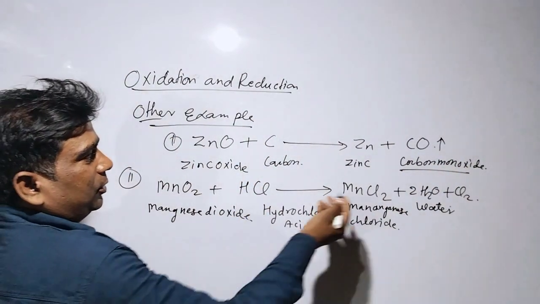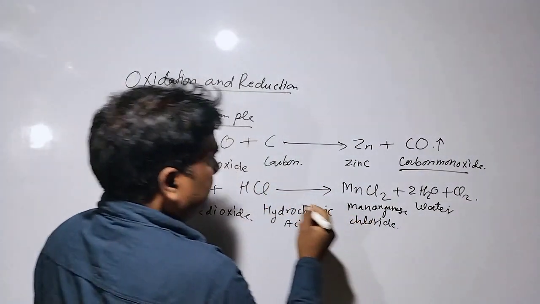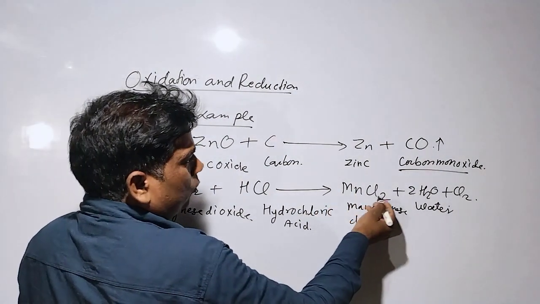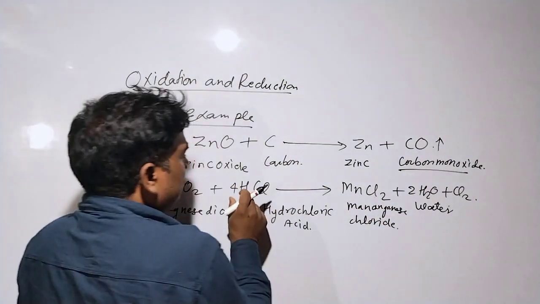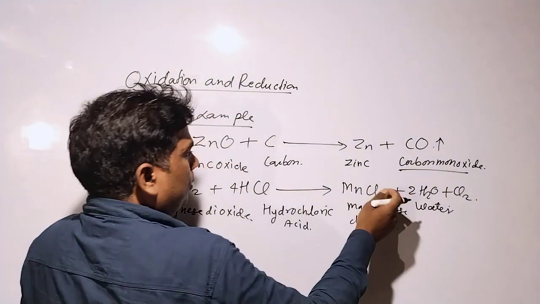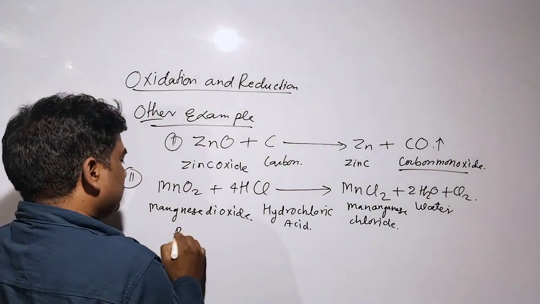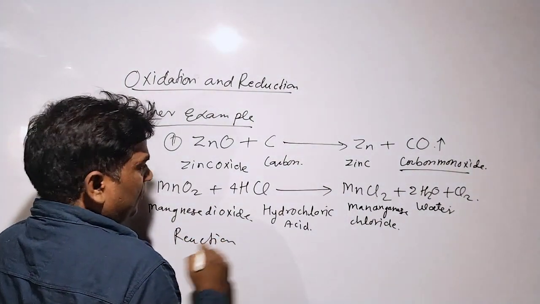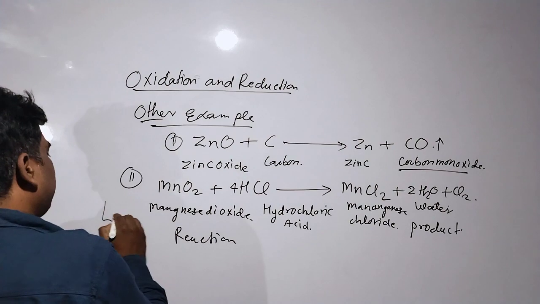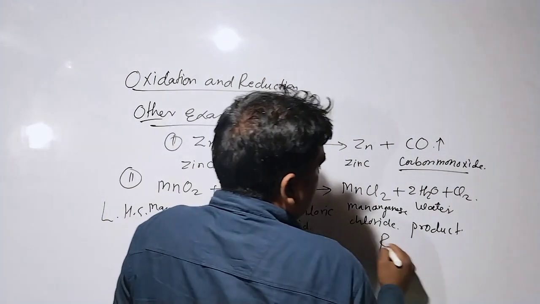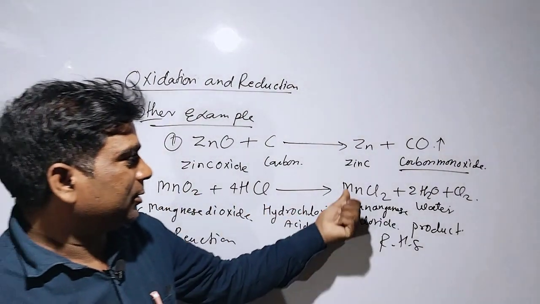We check whether this reaction is balanced or not. Chlorine 2 and 2, so chlorine 4. On the left hand side, manganese 1, right hand side manganese 1.